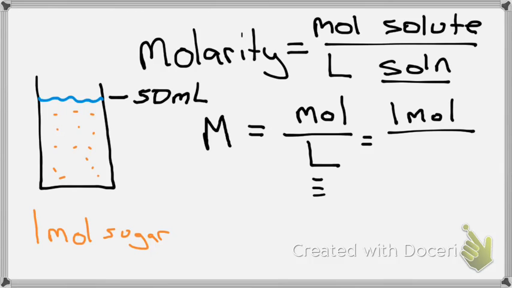Now be careful here. Okay, it's 50 milliliters, right? That's 0.05 liters. So our math is going to be 1 divided by 0.05. Go ahead and do that on your calculator if you get a chance.